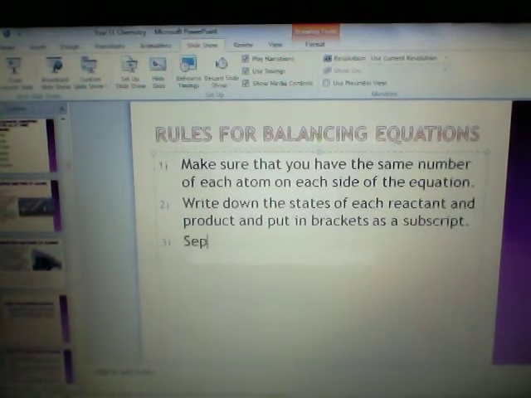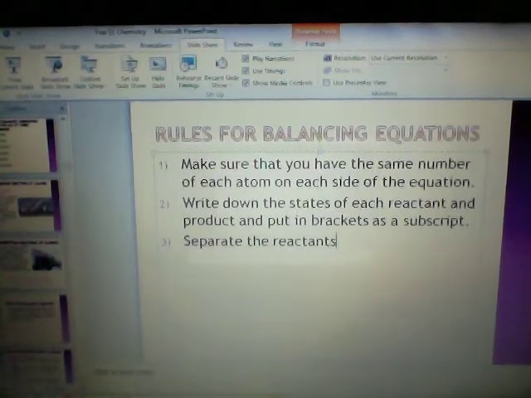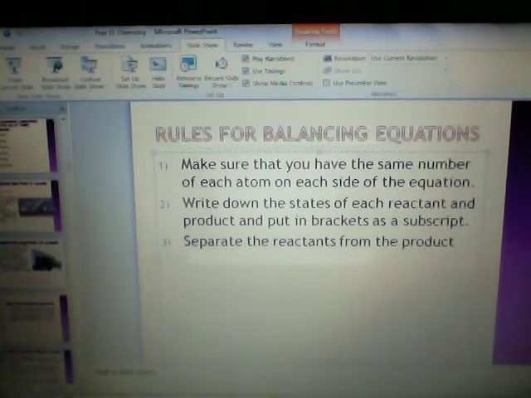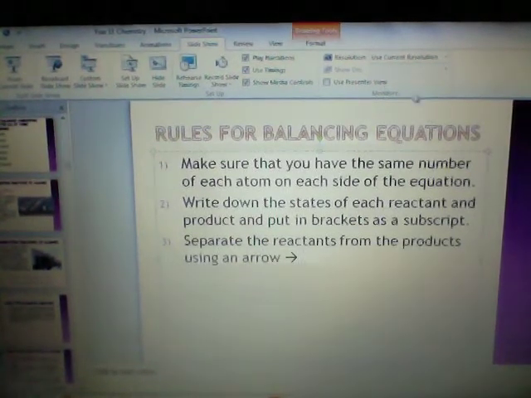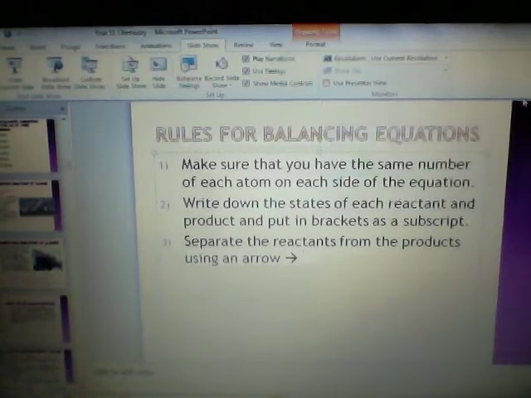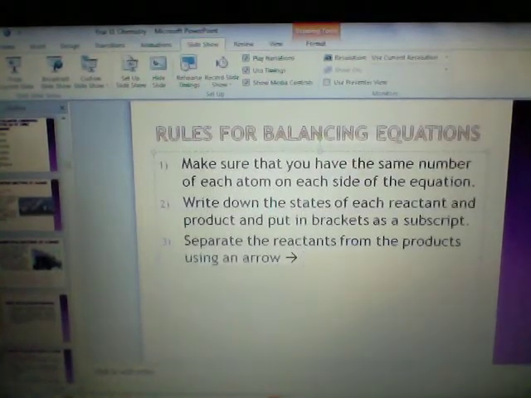And separate the reactants from the products using an arrow, like this. So those are the rules for balancing equations. You might have to pause the video so that students can write this down.